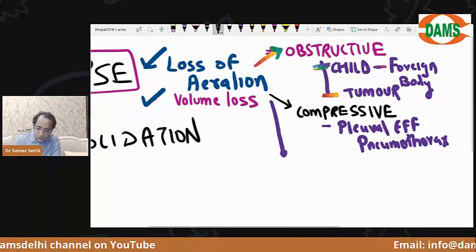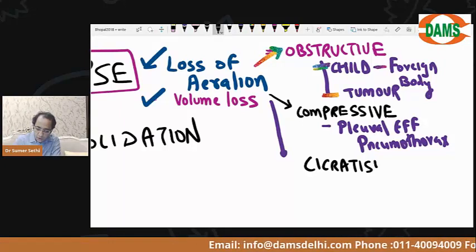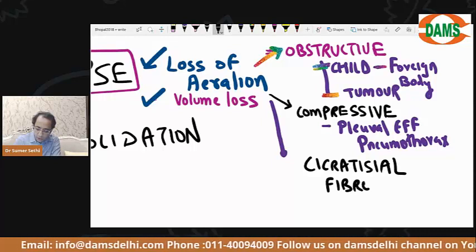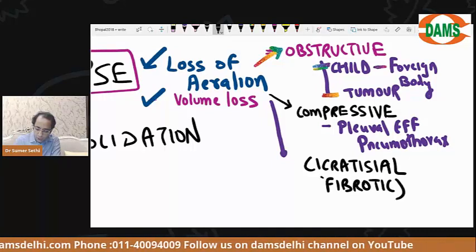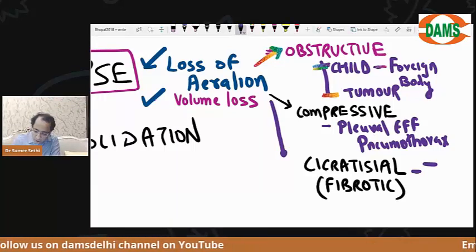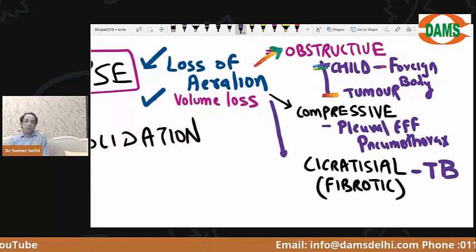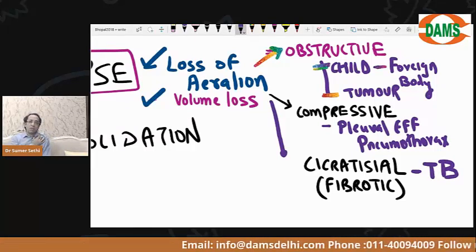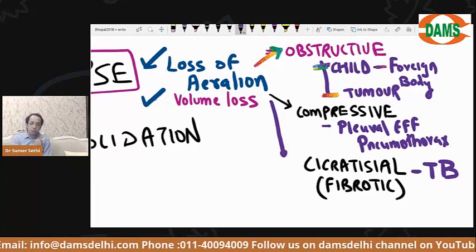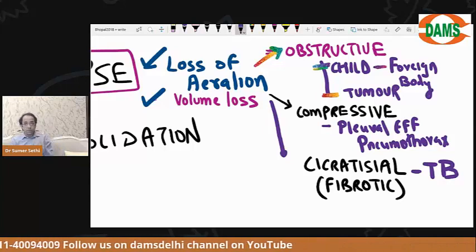And the third cause is called cicatrisational, or we might use the word fibrotic collapse. This is the kind of collapse that you see in patients with tuberculosis. In TB, because of the tubercular infection, the lung is damaged and that area becomes fibrosed, so that area, because of fibrosis, will also become collapsed.